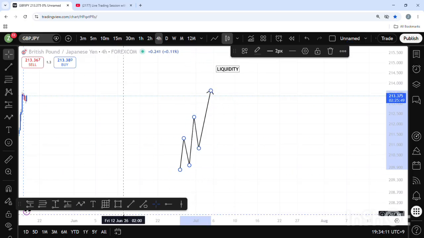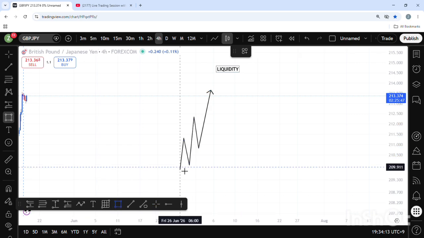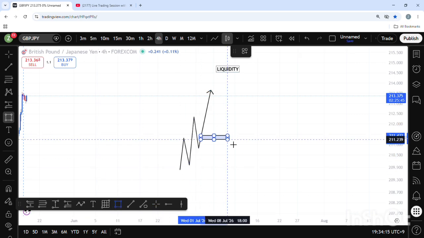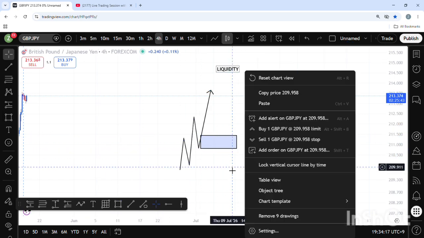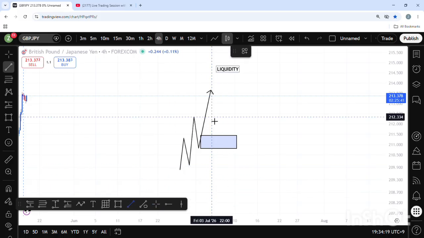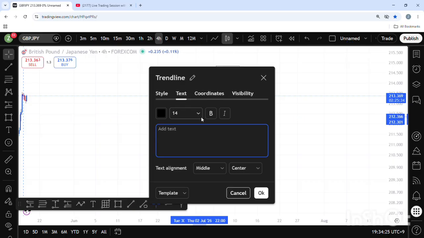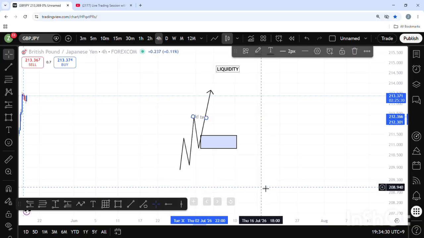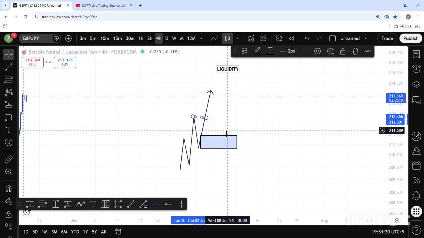So the last type of liquidity is inducement liquidity. What is inducement? Inducement is a situation whereby you are waiting for the market at a certain level. And just before the market reaches your level, it pretends to be buying, assuming you are in a bullish market. I love buys.